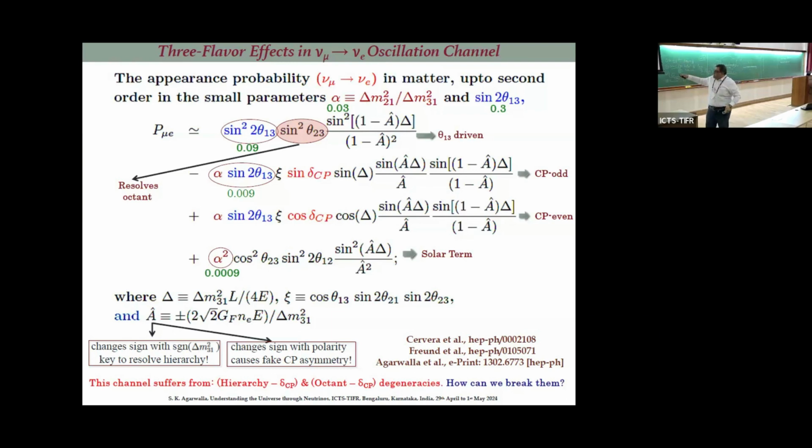If you want to measure everything from this one channel, theta 13, theta 23, delta CP, then this delta m square 31, its sign, and then the sign of this quantity, there are so many unknowns you are asking from one equation, right? So what would happen? There will be degeneracies. You will always get many combinations of x and y to satisfy the same equation, correct? This is the so-called issue of degeneracy in the three-flavor paradigm.